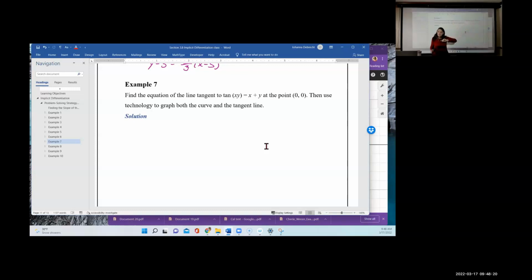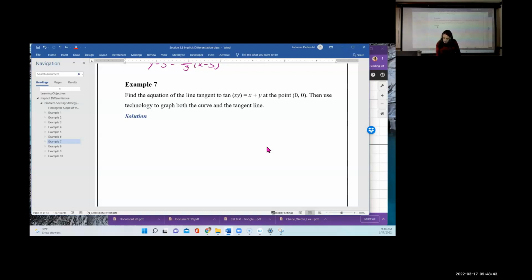When it's both inside a function and outside, there's no way to isolate it in one place only. If it were only inside, I could do arctangent. If it were only outside, I could solve for it. But when it's both inside another function and outside the function, then I can't do anything. It's going to have to stay implicit.